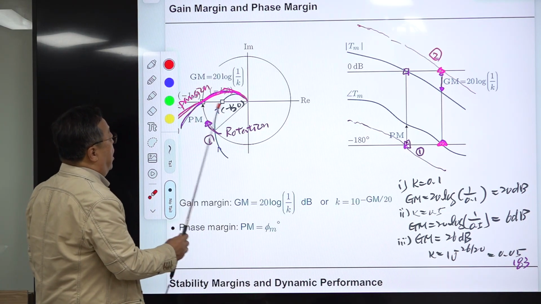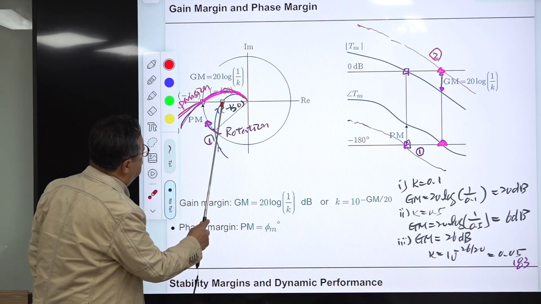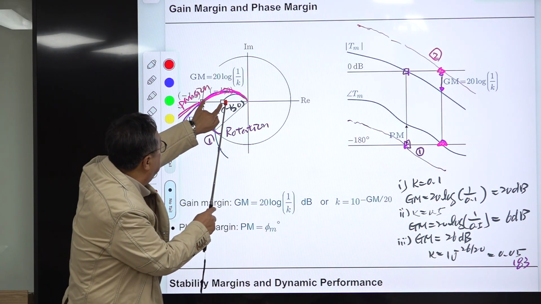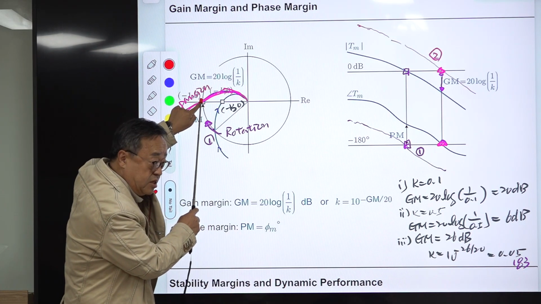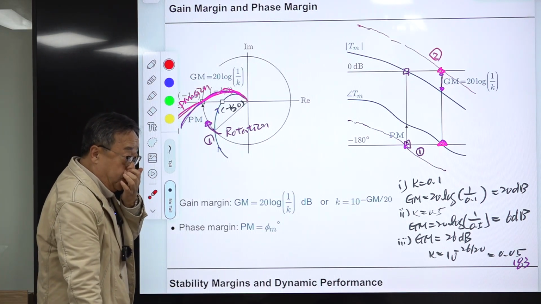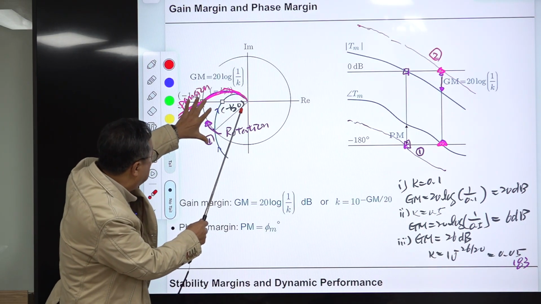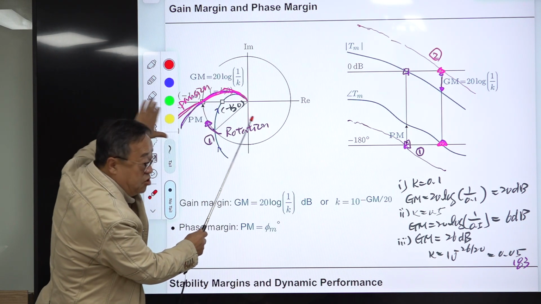For the gain margin, this is the original polar plot of the loop gain. Suppose this is 0.5, minus 0.5, then you increase the gain twice, then this will pass the critical point. Right? For this case, the phase remains the same, so there is no rotation at all, just stretching out this line segment in this direction.